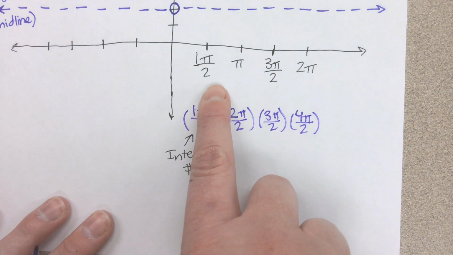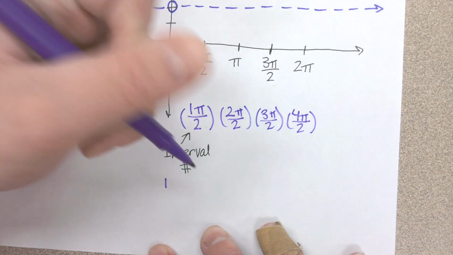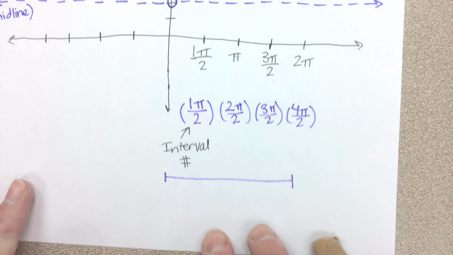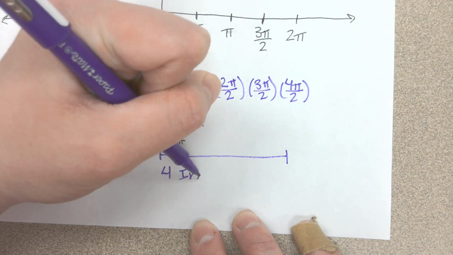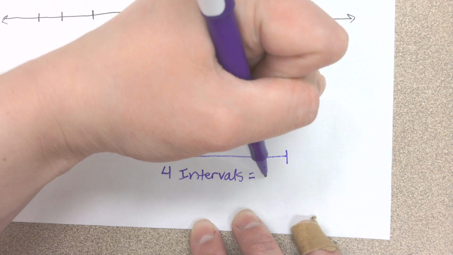So we've gone out 4 notches, 4 intervals. And if you remember, 4 intervals is equal to 1 period.